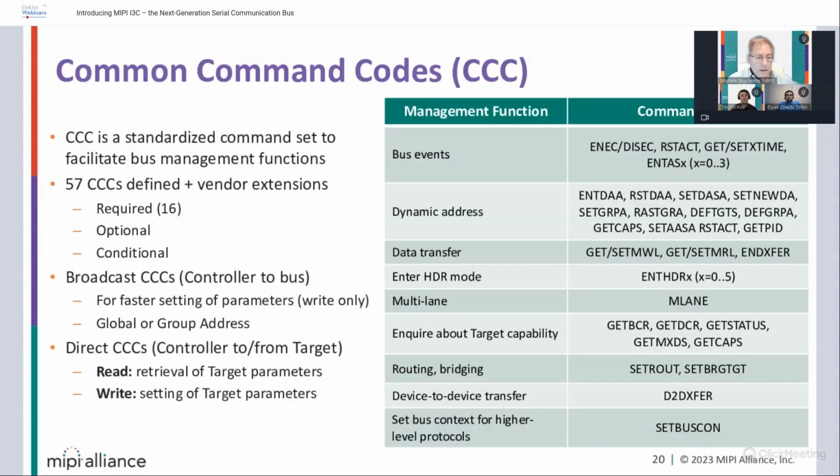Okay, this gives you just a flavor of what these command codes are. There are about 57 command codes defined, but you don't have to implement them all. Really 16 of them are required to make a bus functional. The others are optional or conditional, depending on what you want to do. In the table you see they are about managing bus events like enable and disable interrupt.